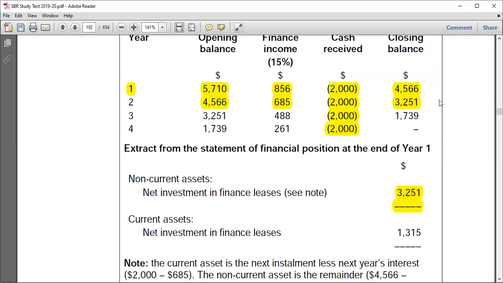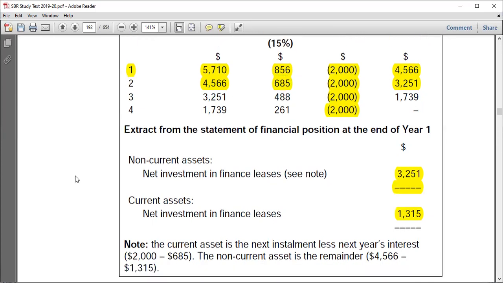And the current component is what would have perished from here to here. This one minus this one will obtain 1,315. This is the current component, which can also usually be obtained by taking this one, 2,000 minus 685. But we can just go for that simple method. So this is what we have to do, right?